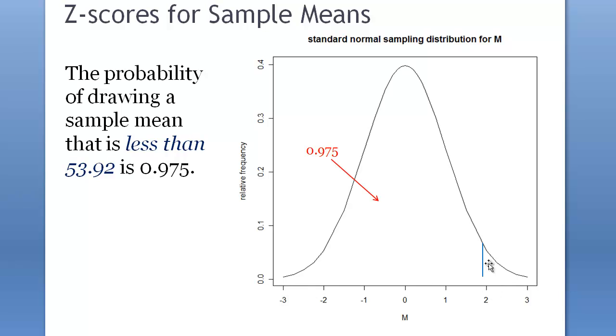And here it's going to be 0.025. So only 2.5% of the entire sample mean distribution is going to be larger than that.